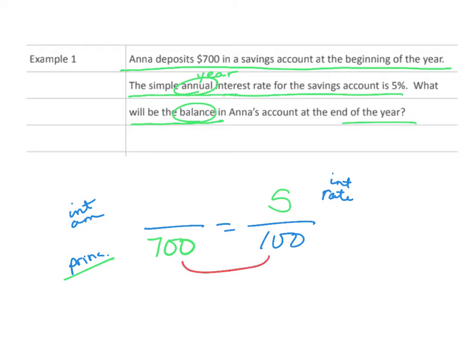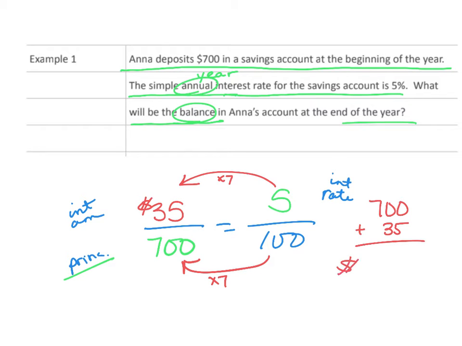And I'm going to go very easy. 100 times 7 gives me 700. So 5 times 7 gives me 35. So she's going to earn $35 in interest. But that's not going to be the balance. The balance starts with her original $700, and then we add on the 35. So her balance after a year will be $735.